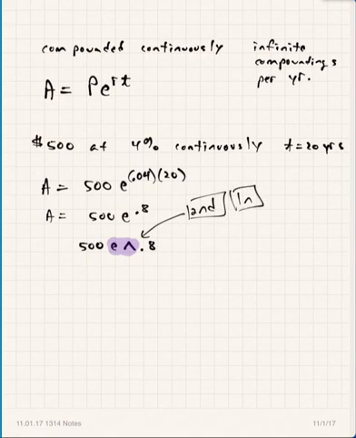If you do those two things in sequence, then you're going to get the e with the exponentiation key like that. And when I enter that, I get A to be $1,112.77. And so that's how much we'd have after 20 years in this case.